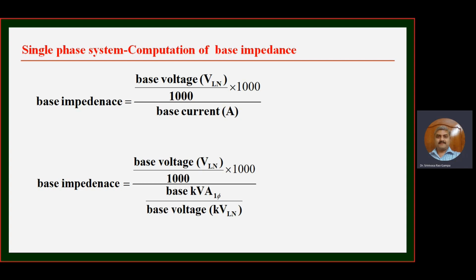And base current is base kVA by base voltage. So we are going to derive the value of the base impedance here because we have already defined the base current as base kVA by base voltage. We want to express the voltage in terms of kV, so the base voltage is divided by 1000 and multiplied by 1000.